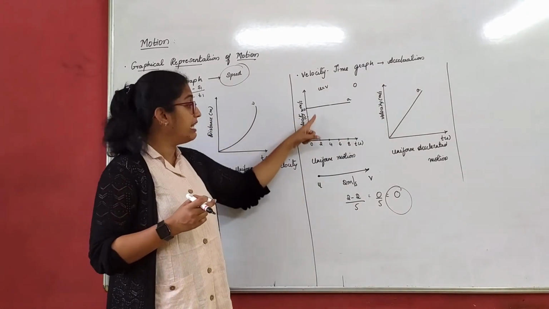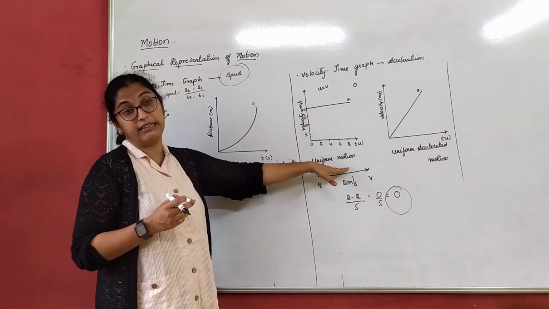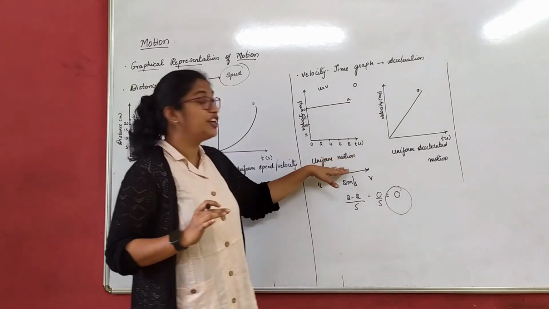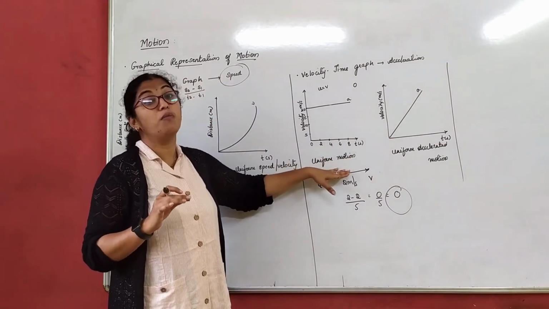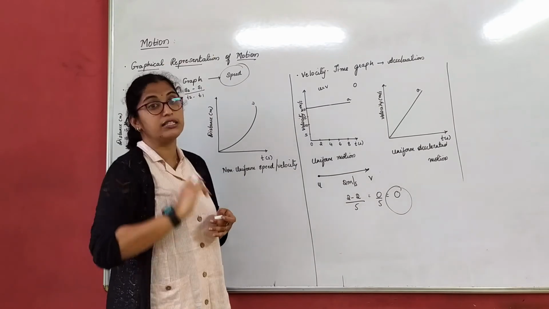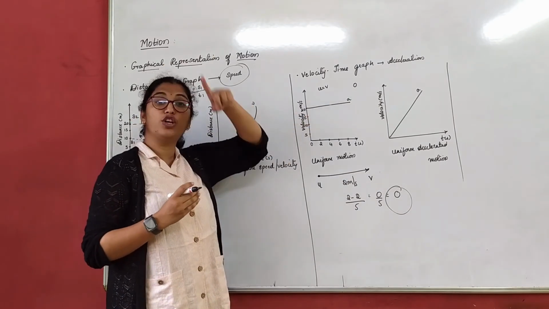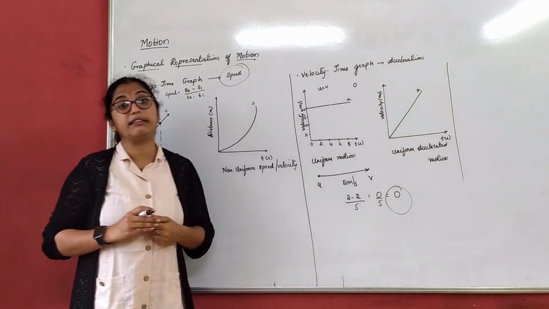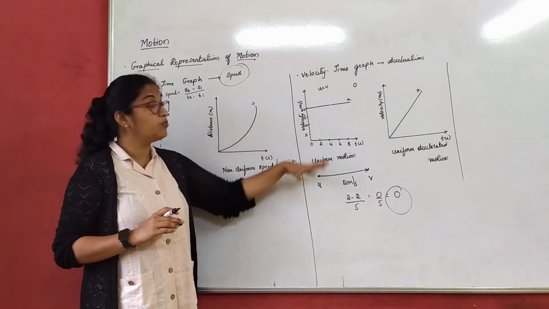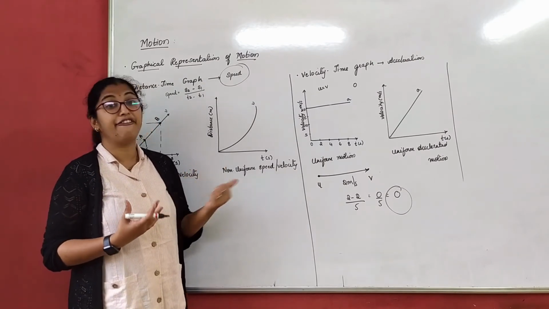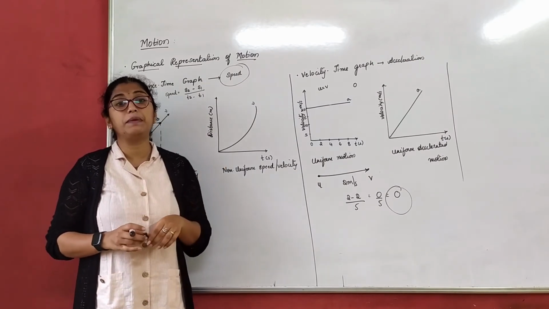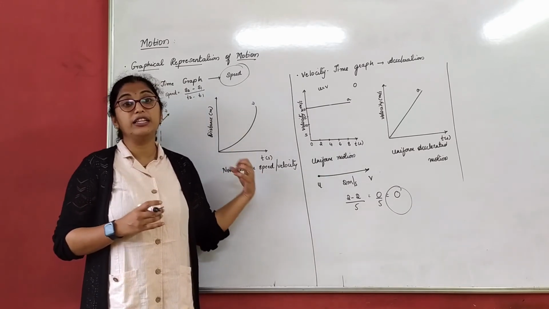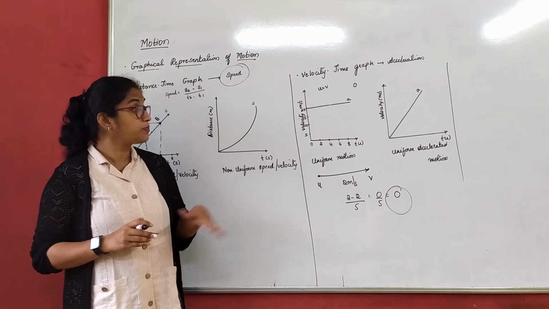Looking at this, I can tell this is uniform motion, because it is constant. Acceleration is 0, also, if you write that, it is correct. This graph shows uniformly accelerated motion. So this is what we infer from the graphical representation. Graphical representation usually comes for 1 mark, where the graph is given and you need to identify it.